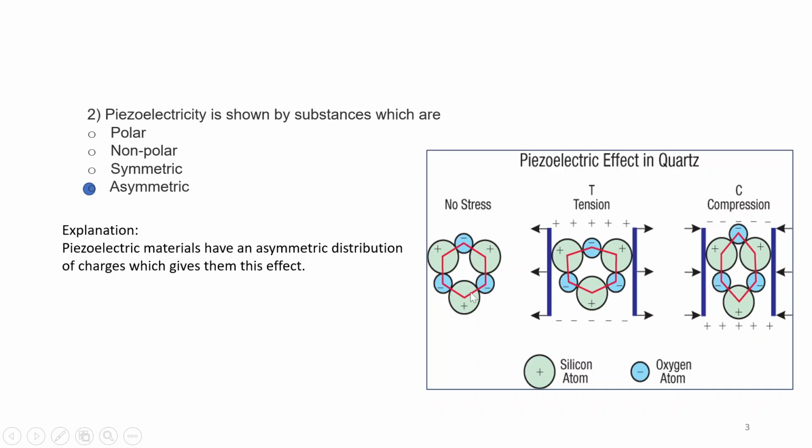Because of this asymmetry, if you apply tension or compression, it will show this type of distribution, which will lead to this voltage generation. So piezoelectric materials have asymmetric distribution of charge, which gives them the piezoelectric effect. This is the structure of quartz, silica, SiO2.